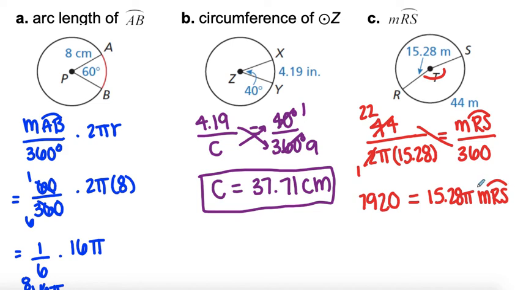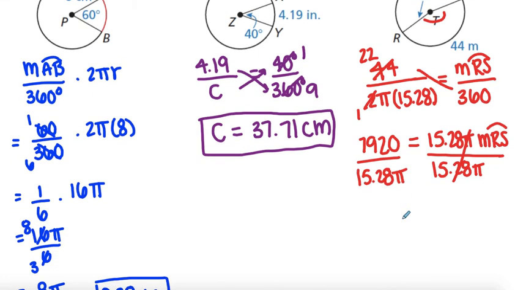And I'm trying to get this by itself, so I need to get rid of this 15.28 pi, so I need to divide it from both sides. And so when you divide it from both sides, you should get that the measure of that arc is equal to 164.99 degrees.